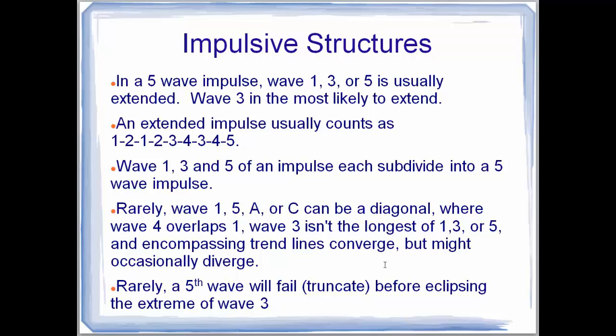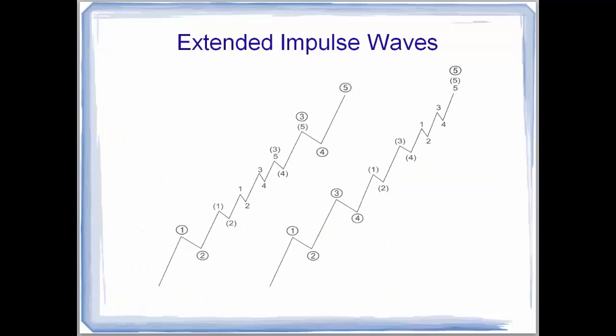And encompassing trend lines around the price action converge, or get closer together as time moves along, but they also might occasionally diverge or spread further apart as time moves forward. Rarely, a 5th wave will fail or truncate before eclipsing the extreme of wave 3. So let's look at some examples.